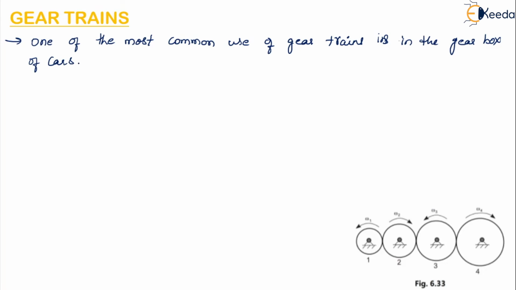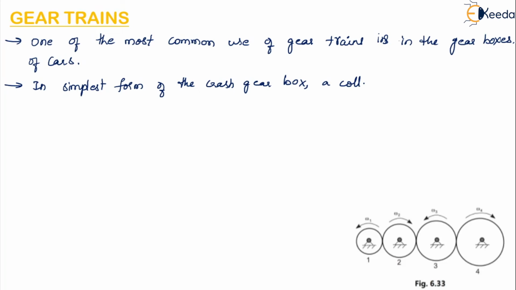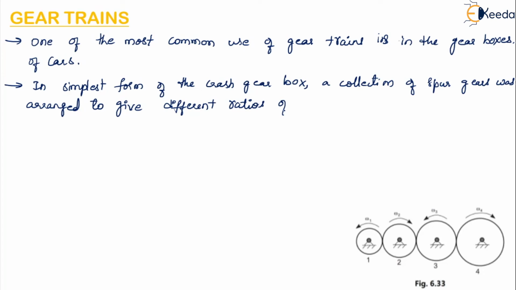So, in the simplest form of a crash gearbox, a collection of spur gears was arranged to give different ratios of input to output speed.